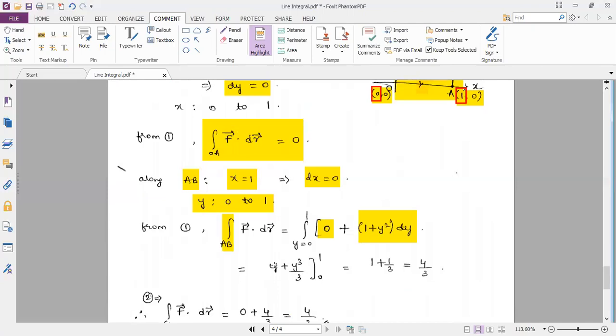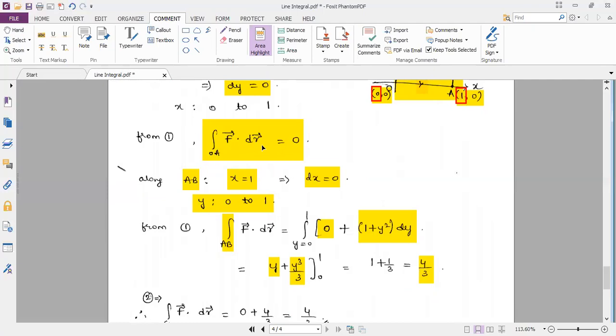Integration of 1 is y with respect to y, plus integration of y square is y cube divided by 3. Between the limits 0 to 1, when we evaluate, we get the answer as 4 by 3. So the integral over AB of f dot dr is equal to 4 by 3. The integral over OA of f dot dr is 0.